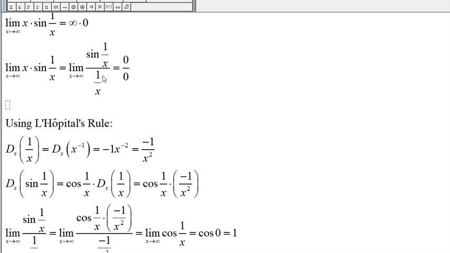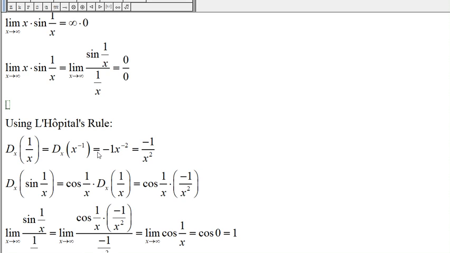And so to use L'Hopital's rule, we need the derivative of the numerator and the derivative of the denominator. Derivative of 1 over x. 1 over x is the same as x to the negative 1.